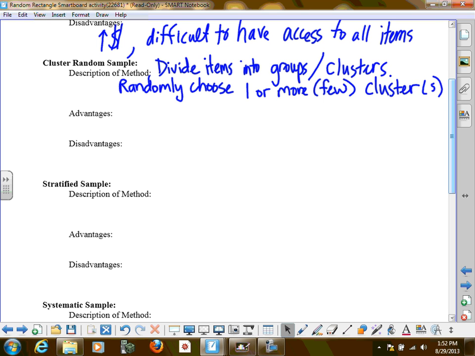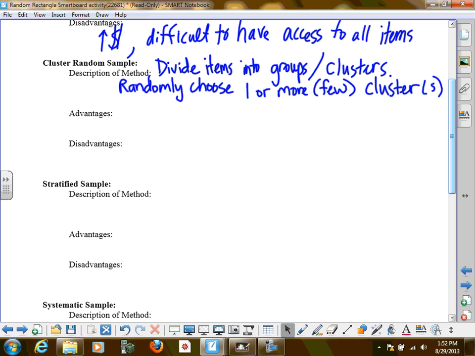Now, I want to change this on next year's instructions because there's a bit of confusion in the way that your cluster sample was taken. Technically, y'all chose 5 on your one cluster. That's employing a simple random sample of your cluster. So you clustered and then did a simple random sample of that cluster. So that's multi-stage. Technically, pure clustering would have been this. You randomly choose a cluster and then guess what? You average the entire cluster.